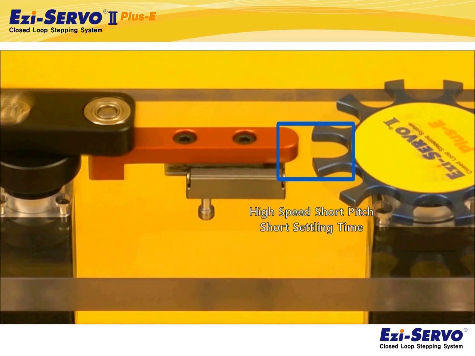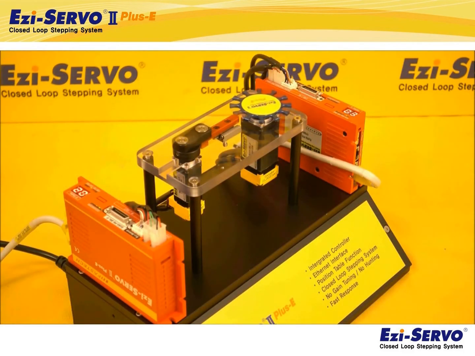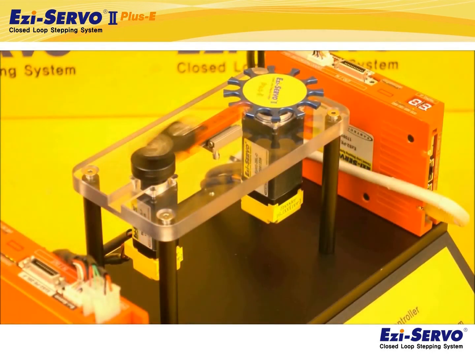Even if it moves quickly over a short distance, due to its high holding torque, by applying the holding torque characteristic of the stepping motor and high resolution through our encoder, our products have an advantage when you need to continuously move such a short distance at high speed.